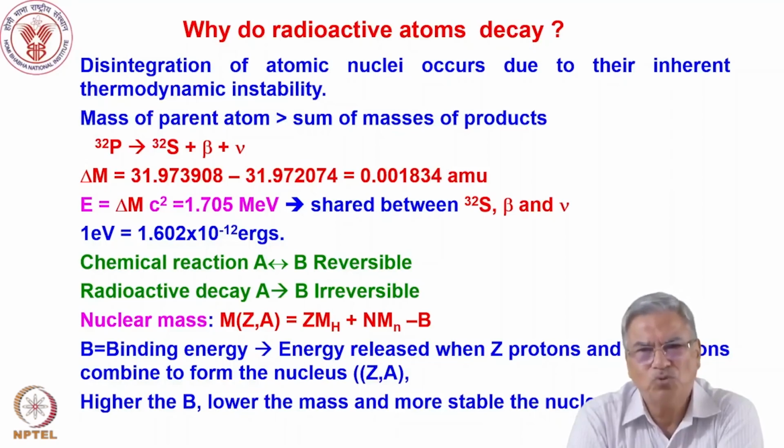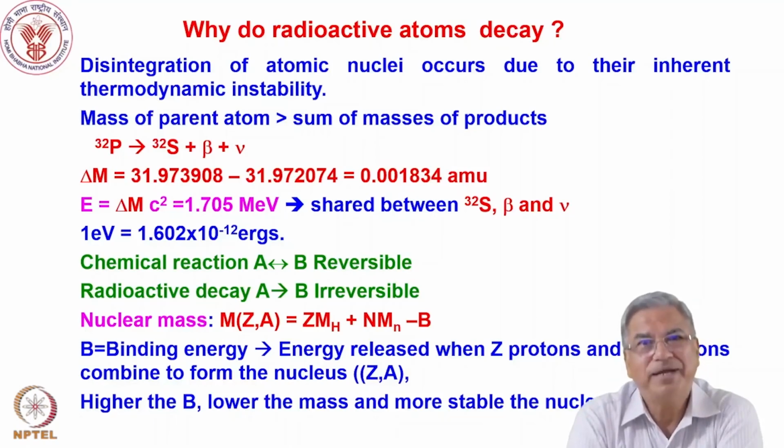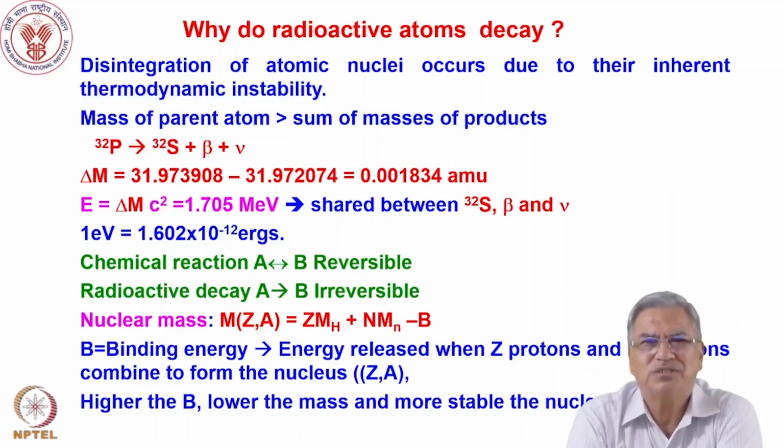So when protons and neutrons combine to form a nucleus, energy is released, and that energy released is called binding energy. So the energy released when Z protons and N neutrons combine to form the nucleus is called its binding energy. In other words, binding energy is the energy required to break a nucleus into its constituent nucleons.